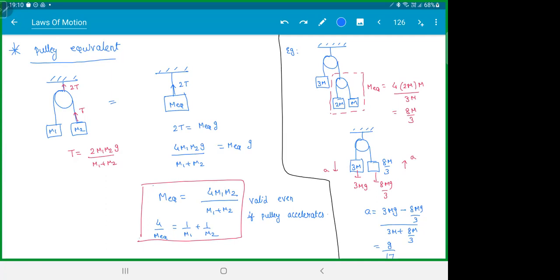Have a look at this. You can note down that formula there. Let's do some problems on this. Anyone not convinced with this, not clear with this, please ask.